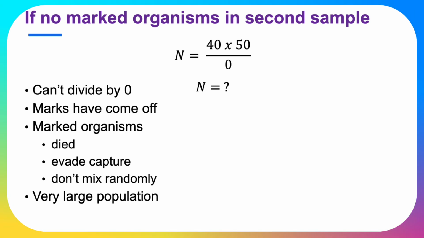The marks could wear off, and we might not be able to find the ones that we've caught before. The marked organisms might have died, evaded capture, or not mixed randomly, or it might mean that there's a huge population. So look, there are limitations with this technique. We do need to be able to think about the limitations and the biases that we might introduce, but be aware that it is a technique that we can use with motile organisms.